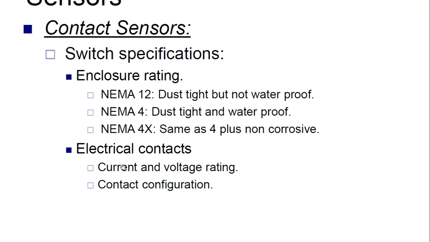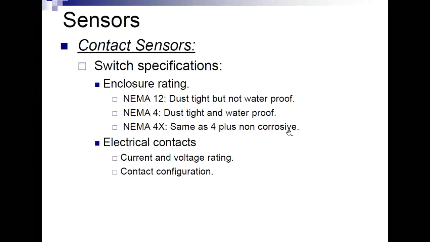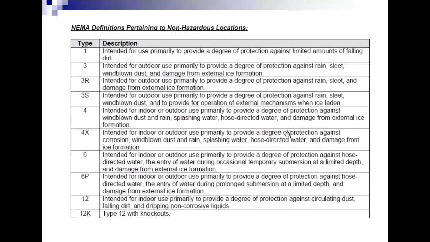It'll have possibly both a current and a voltage rating that you have to be concerned about, because you might buy a box that's only good for 24 volts DC and you're trying to use it for a 120 volt AC application, then obviously you wouldn't be following code. So you need to make sure that the box follows it.